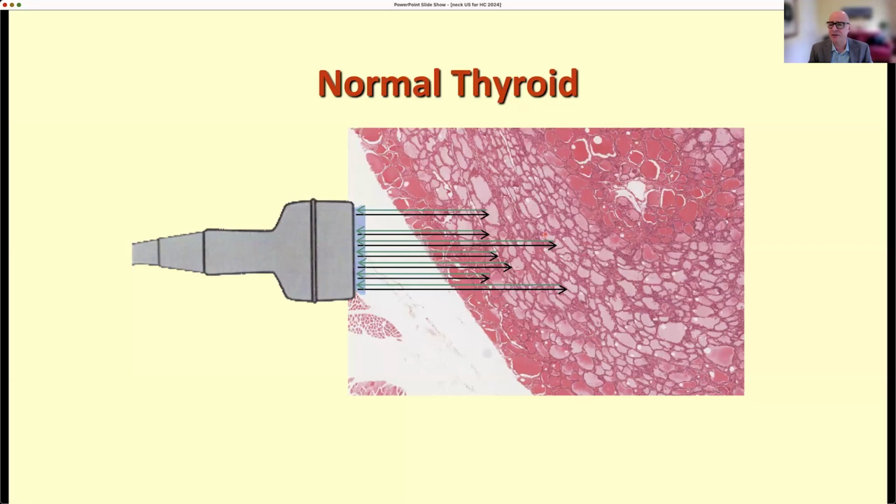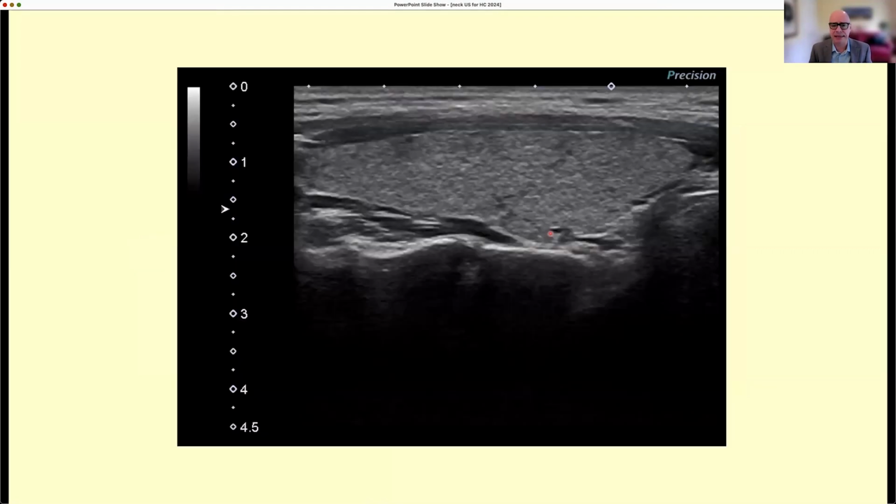And that is why the thyroid is so amenable to sonographic imaging, because it has a tissue structure that is going to generate a lot of reflections as the probe processes them. And I told you that every time there is an interface, a white signal is reflected back to the probe.